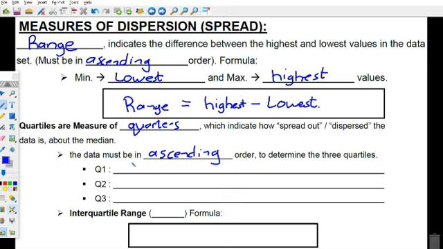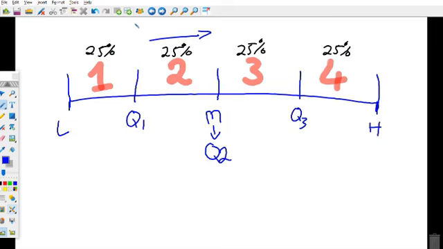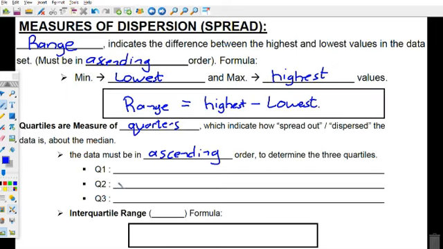What did we say Q2 is also known as? My median value. So my Q2 is my median of the data. It's called data handling. We're handling the data.